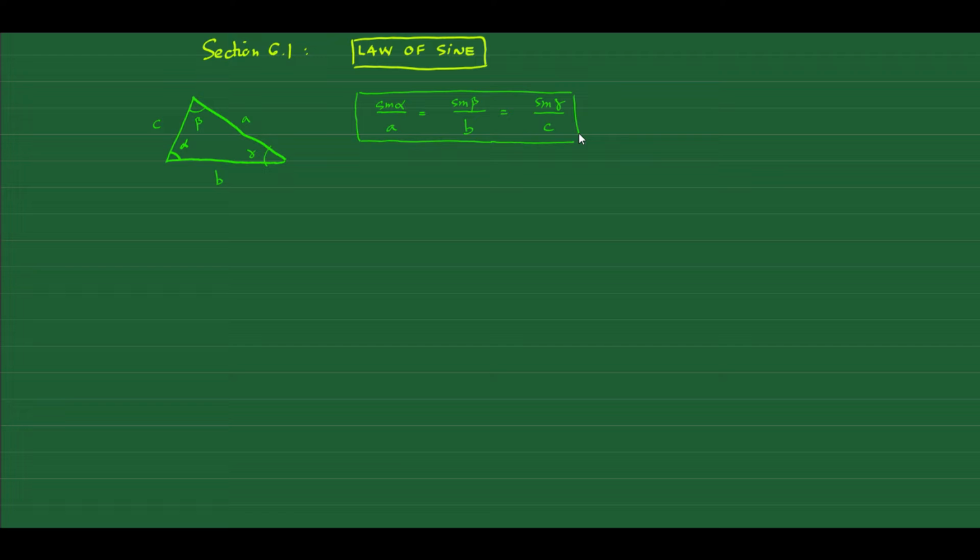And remember that if we have a proportion, in order to solve for it we're going to use the cross multiply property. Remember, that was a pretty long time ago in intermediate algebra. So we use the cross multiply property to solve the proportion, because we have three ratios equal to each other.